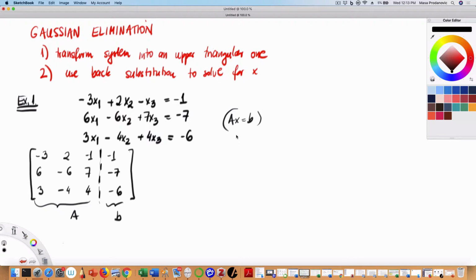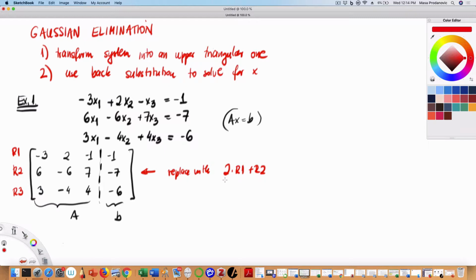Will give me in that first spot 2 times minus 3, which is minus 6, plus 6 is 0. Everybody sees that? So if this is my row 1, row 2, row 3, I can replace row 2 with 2 times row 1 plus row 2.